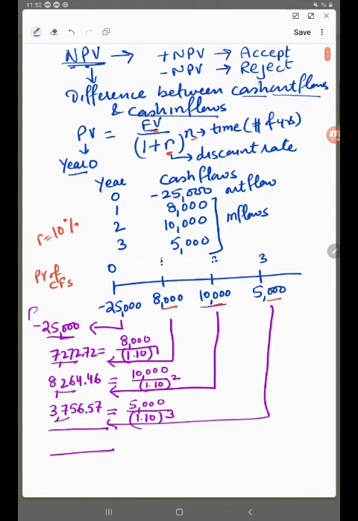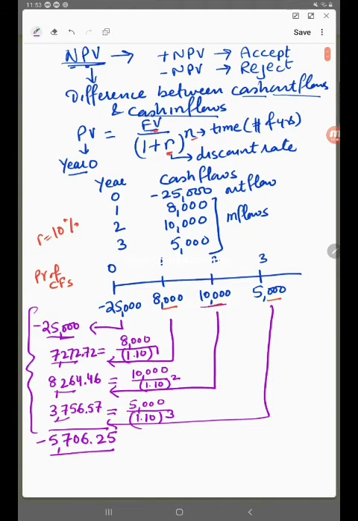So add all these numbers, that would be the difference between cash outflows and inflows. Let's see what number we get. So after adding them up, we have minus 5,706.25.